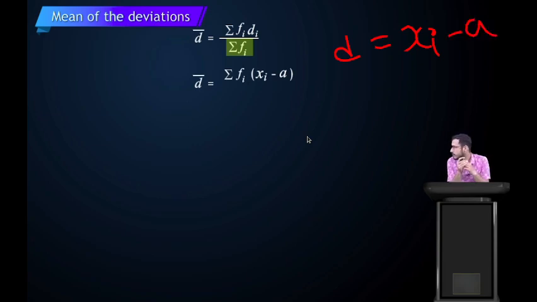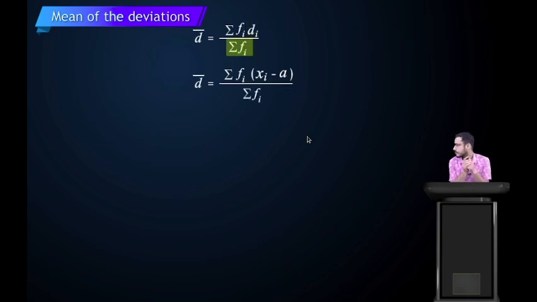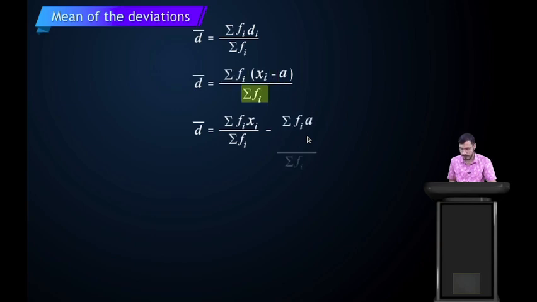So we can put the value of d in this formula. d bar is equal to sigma fi (xi minus a) divided by sigma fi. Now multiply in the bracket. So d bar is equal to sigma fi xi divided by sigma fi, minus sigma fi a divided by sigma fi.